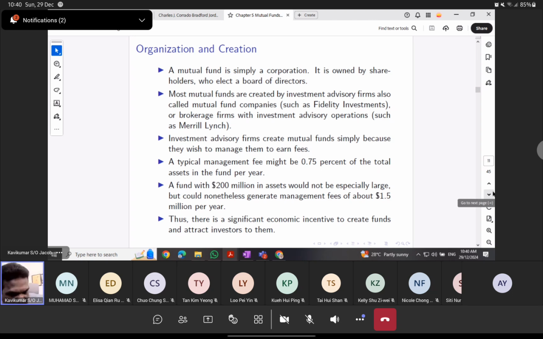So if the investment firms want to make more money through fees, they have to create more funds in order to attract investors to invest their money so that they can get more management fee.